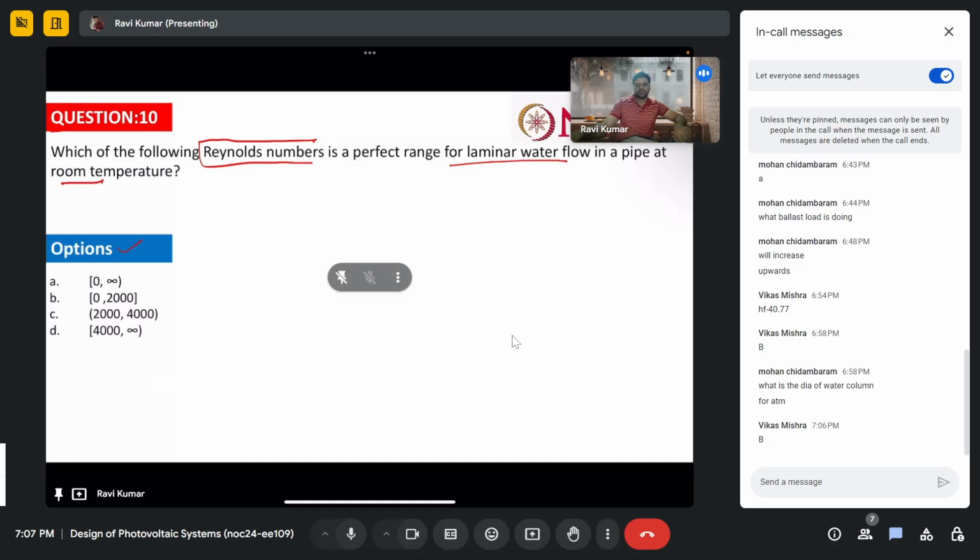Simple question, nothing to solve. Zero, 2000, 4000, and infinity.